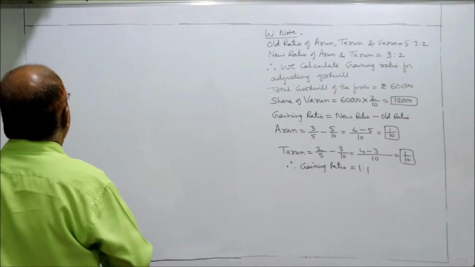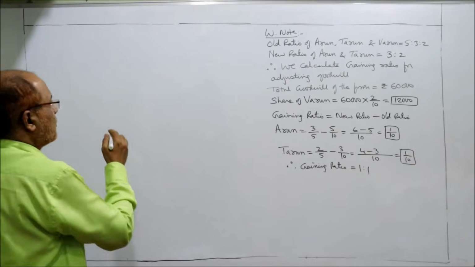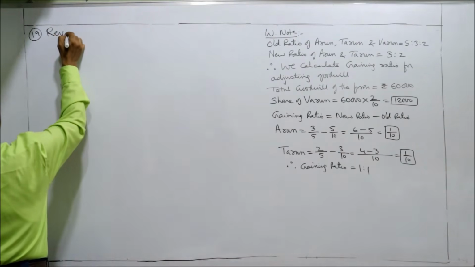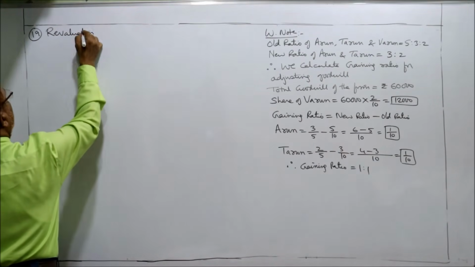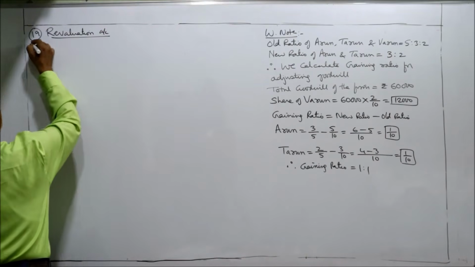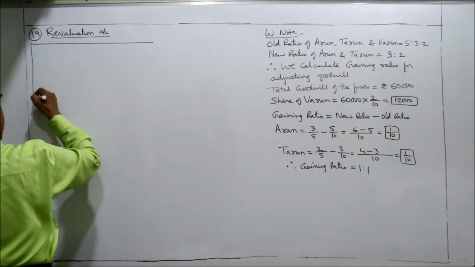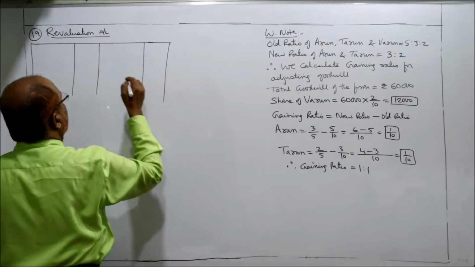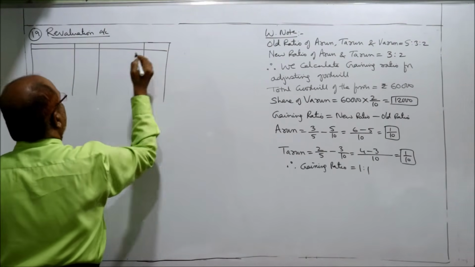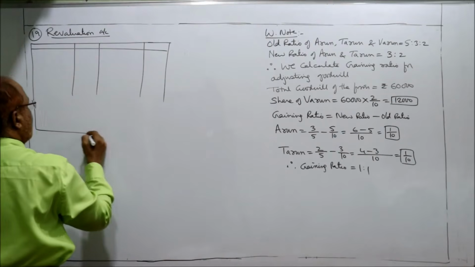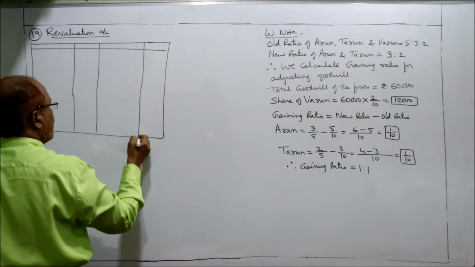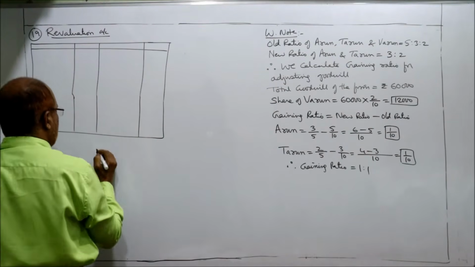Now we'll make the revaluation account. This is problem number 19. One account will make revaluation account.